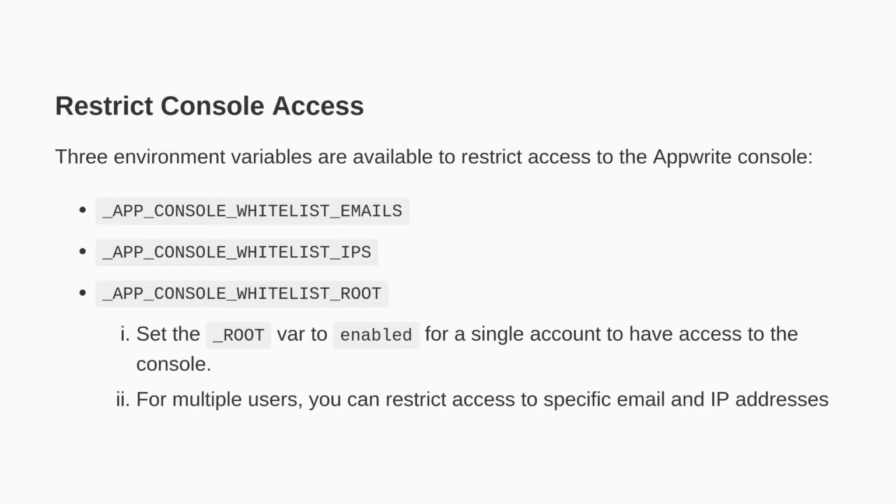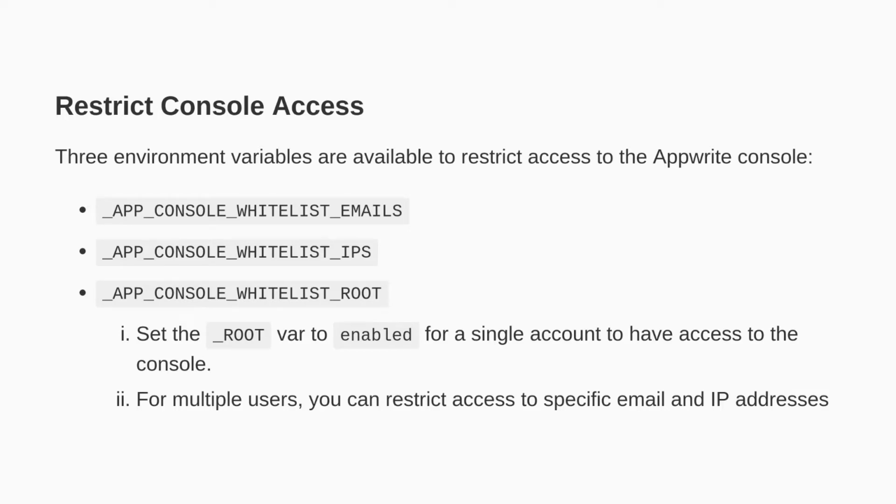Next, the Appwrite console is the admin space where you can prepare your projects, you can create multiple projects, and you don't want it to be accessed by anyone other than those you require. So there are 3 environment variables available in Appwrite to restrict access to the Appwrite console. From 0.8, by default, the console whitelist root is enabled so that you can create only one account to access the Appwrite console.